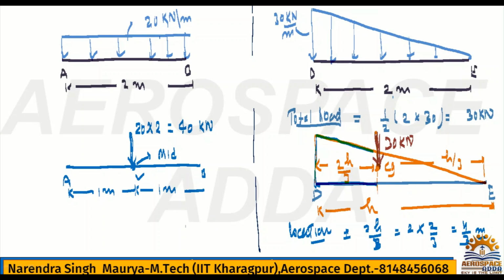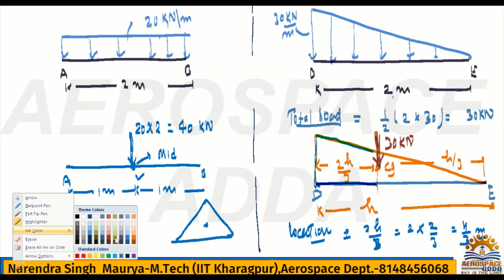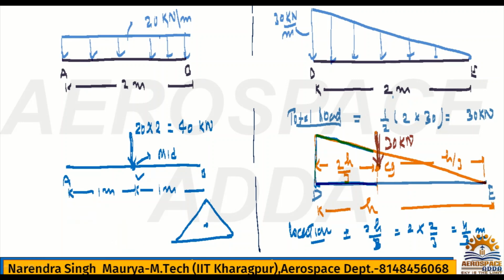Generally, we'll draw the triangle something like this. So always remember, if this is the triangle, your height is h. Because the downside has more area, a broad area, CG will be nearer this side. So this side CG is nothing but h by 3, and this side it is 2h by 3.